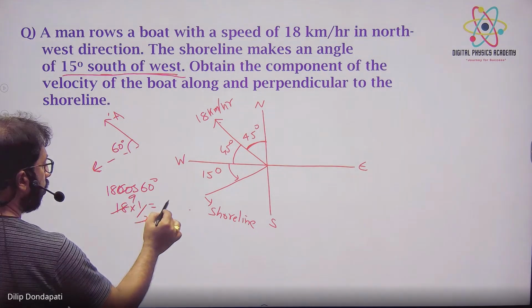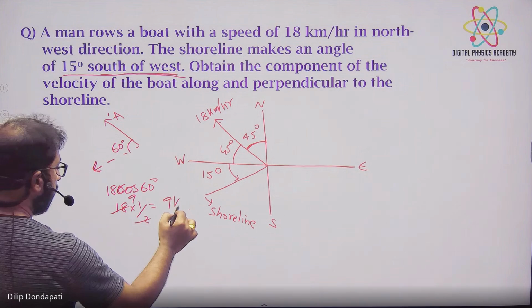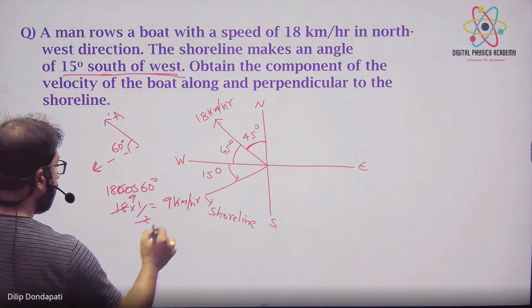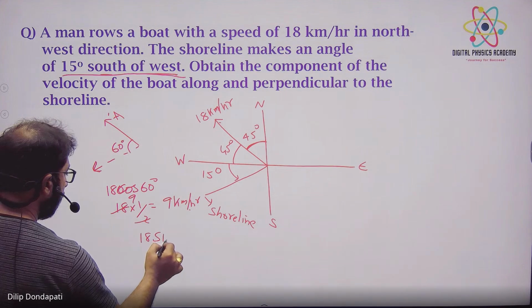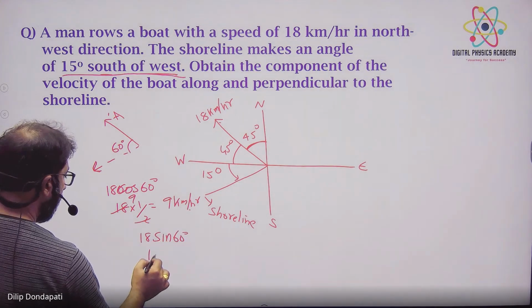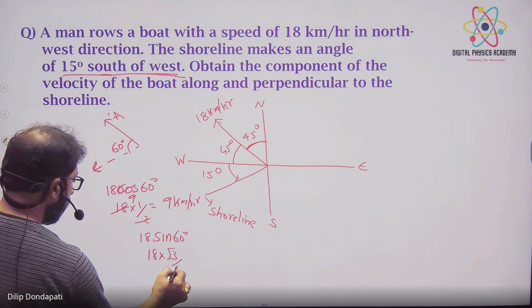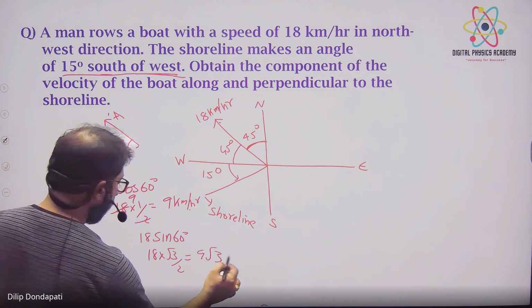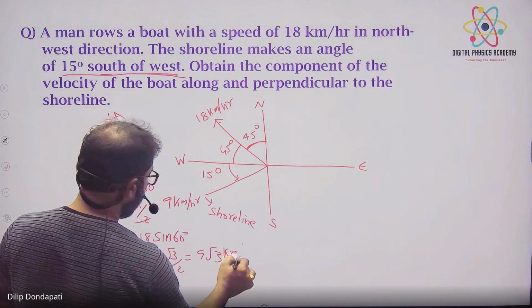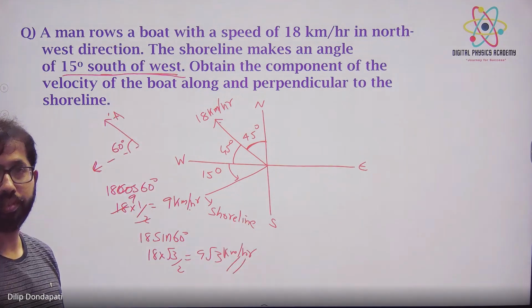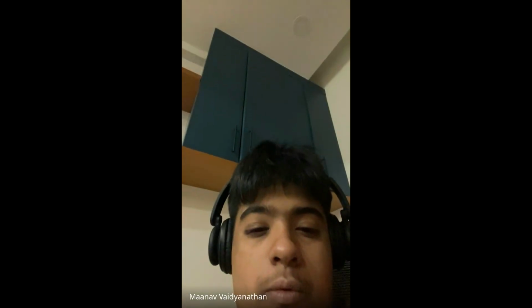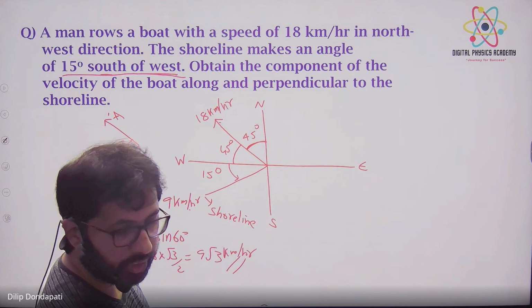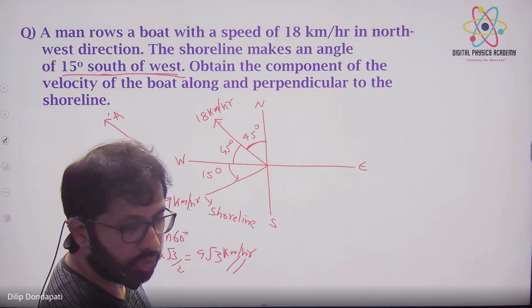So this is along the shoreline, in kilometers per hour. And the perpendicular component will be 18 sin 60, 18 into root 3 by 2, so it is 9 root 3. Yes, I got it. So we have done resolution of vectors completely.